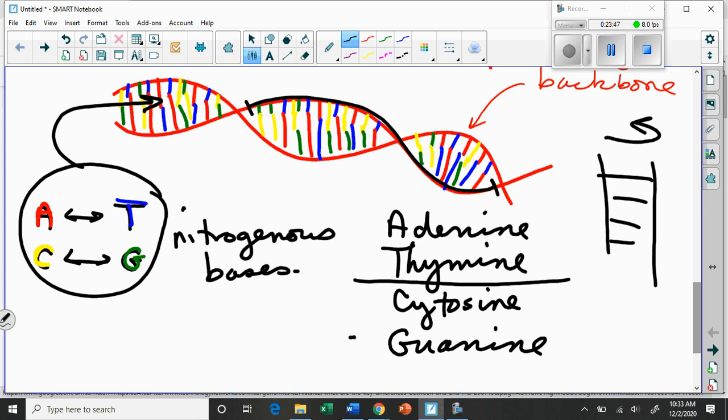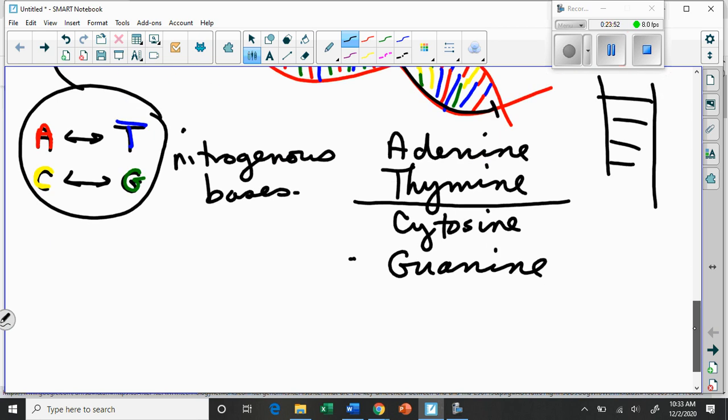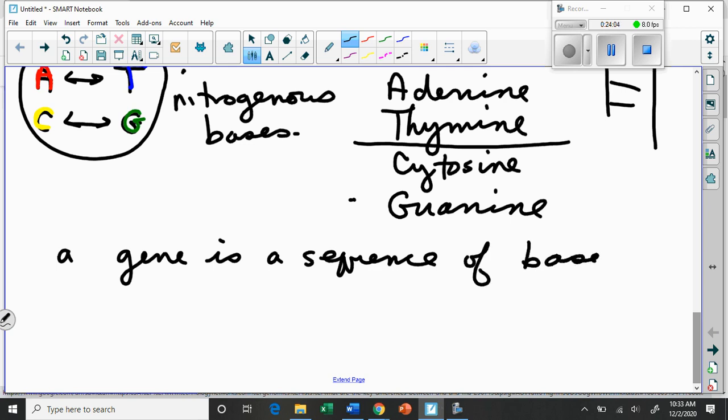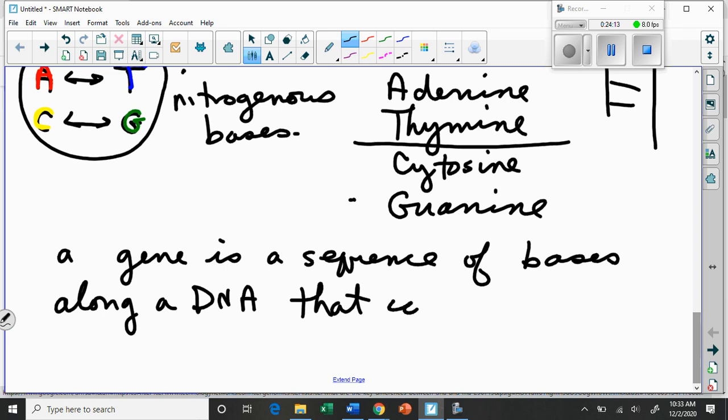Okay? So when we talk about a gene, and we're going to be talking about genes a lot, a gene is a sequence of bases along a DNA molecule that code for a specific protein molecule.